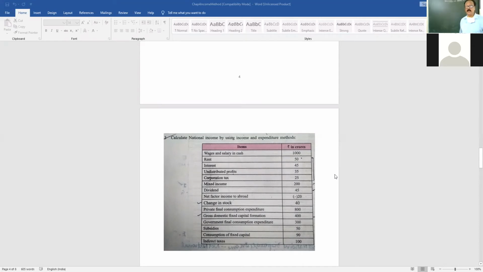Kindly, children, quickly copy down this question because I'm going to solve it on the board. Here it says calculate national income only by using the income method, not the expenditure method. The expenditure method we will take up when we are doing the expenditure method. Is the screen visible to all?